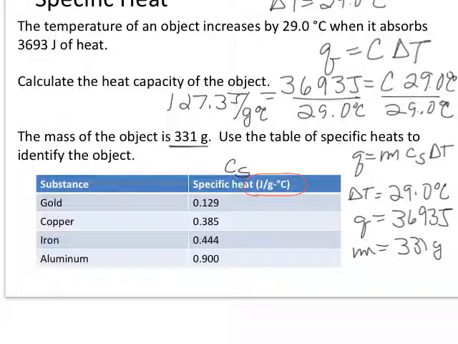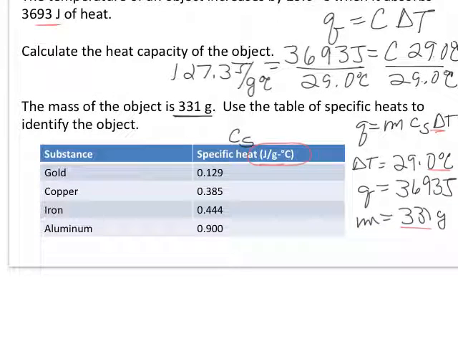You're not going to have to memorize specific heats, they would always be given to you, but I look at whatever the constant is in an equation. So we do have Q in joules, we do have our delta T in degrees Celsius, and we do have our mass in grams. So this is going to work out. We just plug and chug at this point.